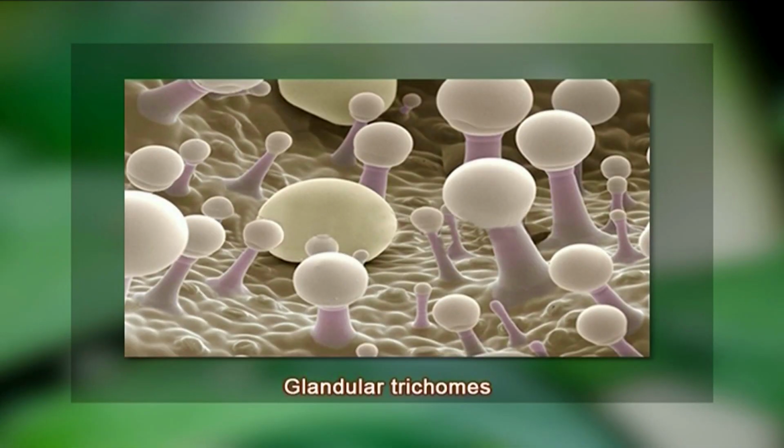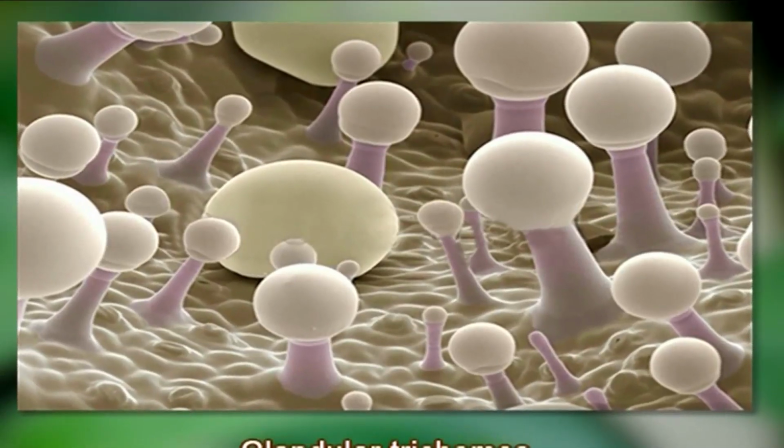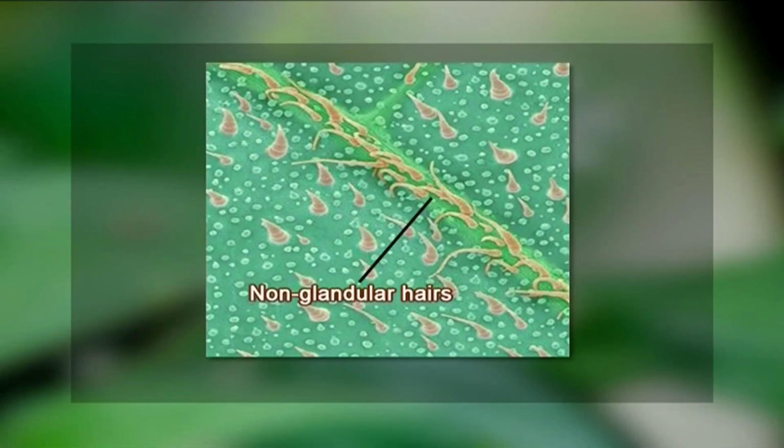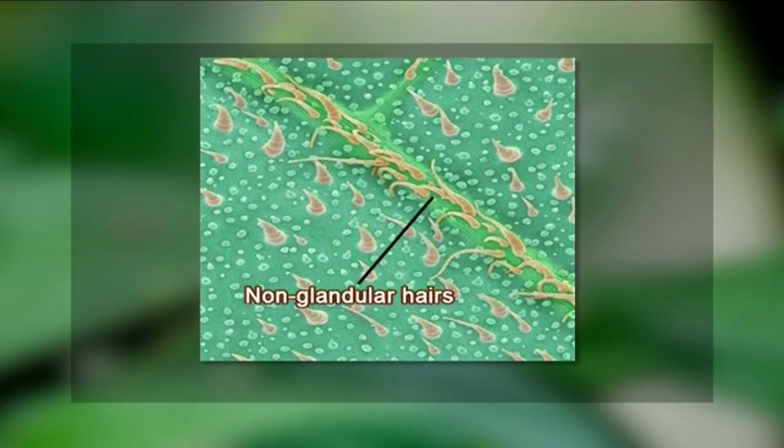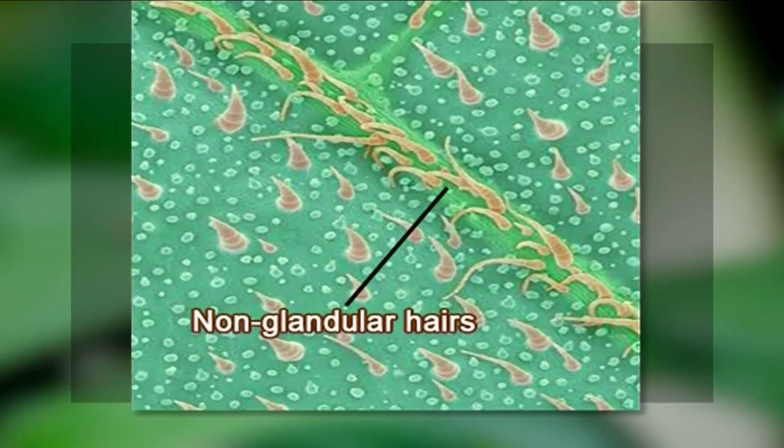with short-stalked glandular trichomes. These trichomes produce the aromatic ethereal oils. Sometimes we see the stems associated with non-glandular hairs, but they are always multicellular and uniseriate.